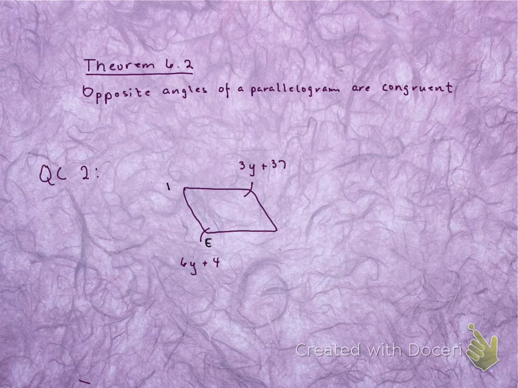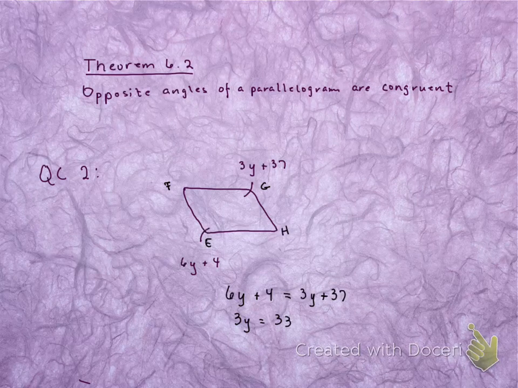You've got E, F, G, and H. So if this is a parallelogram, then we know that angle E, which is opposite angle G, have to be congruent to each other. So I'll subtract 3y from both sides, subtract 4 from both sides, and get that y is equal to 11.